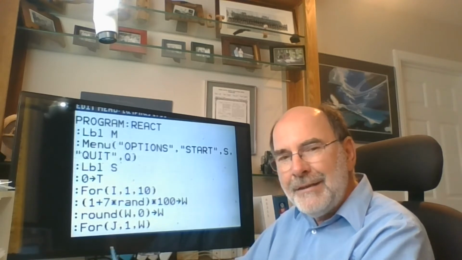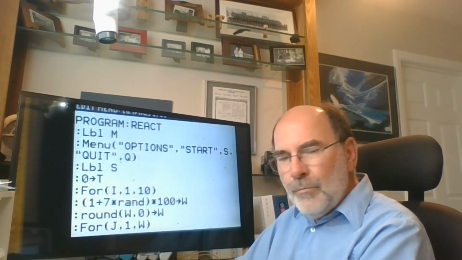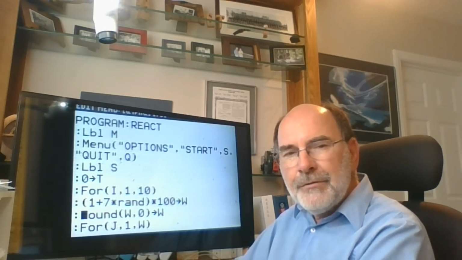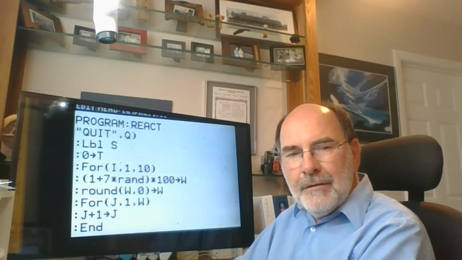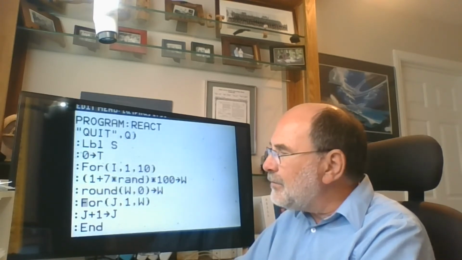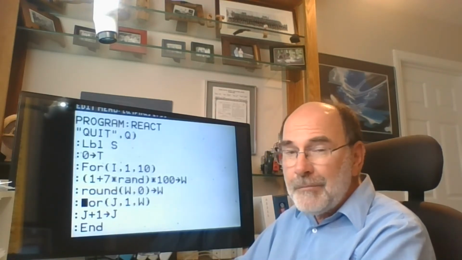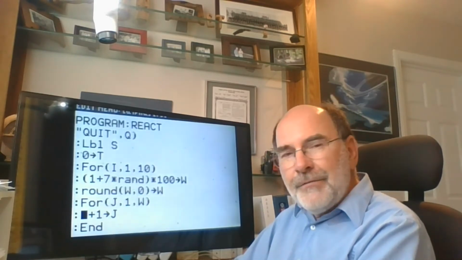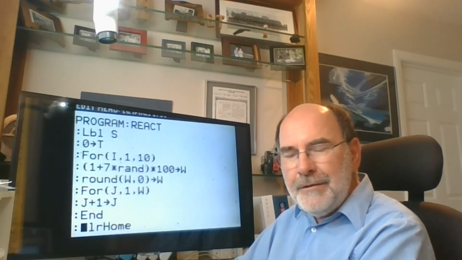You have to tell it an integer value. So I rounded the wait time, using W for wait time, to the nearest whole number. Then I counted to myself in this little for loop that says, for J equals 1 to that random time, which is somewhere between 100 and 800, count as fast as you can. Once you're done with that loop, clear the screen.